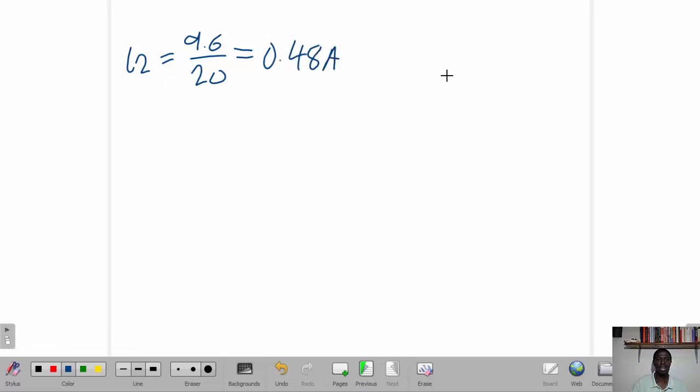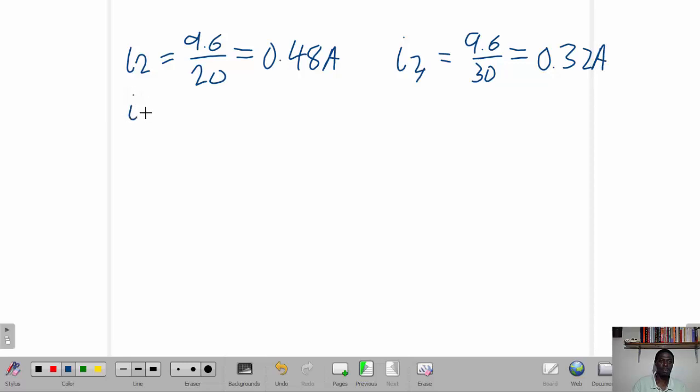0.48 amps. And in the same pattern, we're able to determine the current through resistor 3, which is 9.6 volts divided by 30 ohms, and that gives us 0.32 amps.